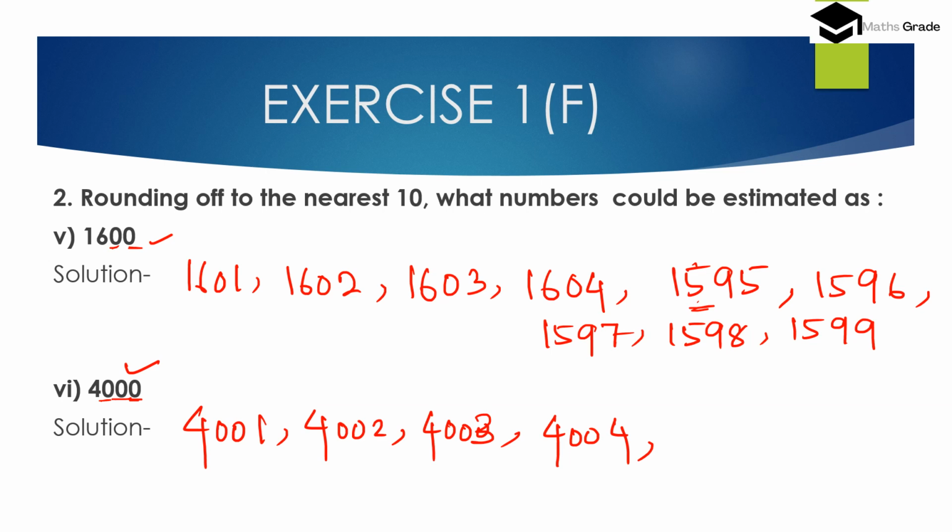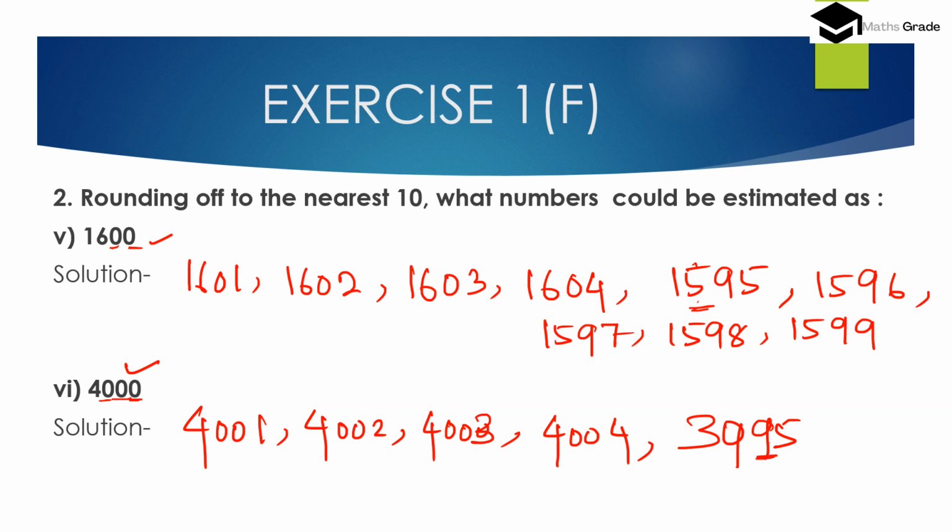Now if we use 5 in the unit place digit, that is 3995, this unit place digit is 5, which is equal to 5, so we have to add 1 to this tens place digit.